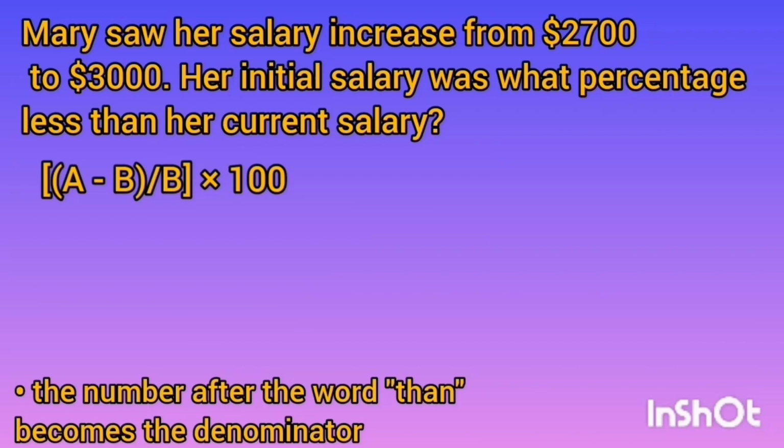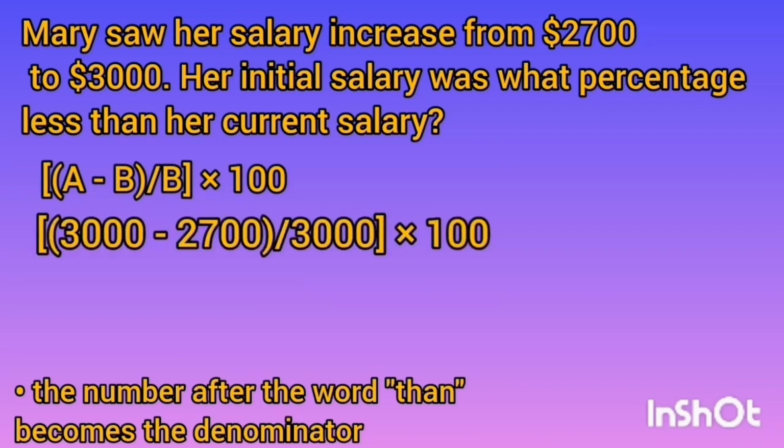Then we'll multiply everything by 100. So inputting our values, we get 3,000 minus 2,700 all over 3,000 and all multiplied by 100. And this gives us 10%. I hope you got it right.